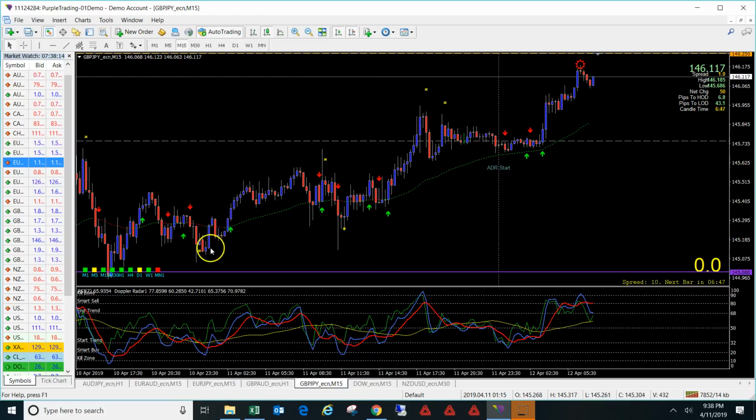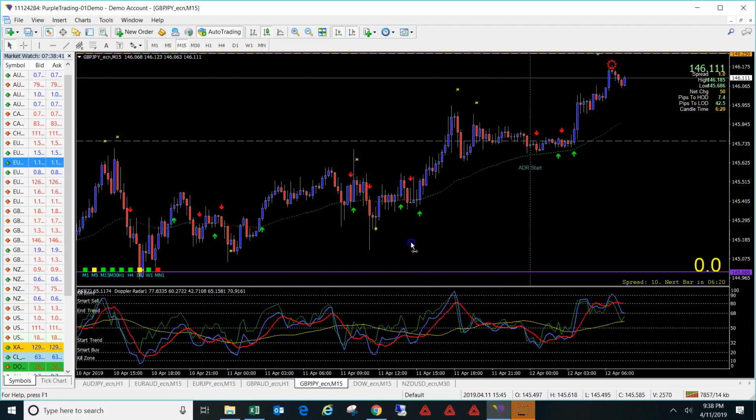53 pips. And let's say you wanted to enter here. If you entered there, you're going to get a little drawdown because this would be considered a fake break, because then it pushed back up to the upside. So you just have to be aware of the false breaks and stuff like that.